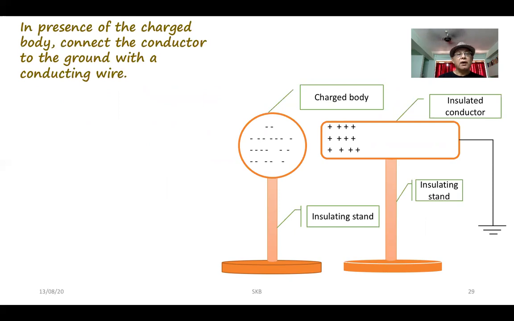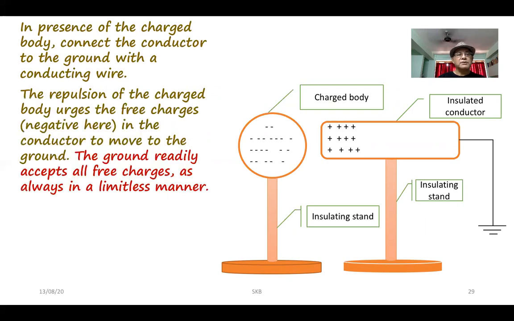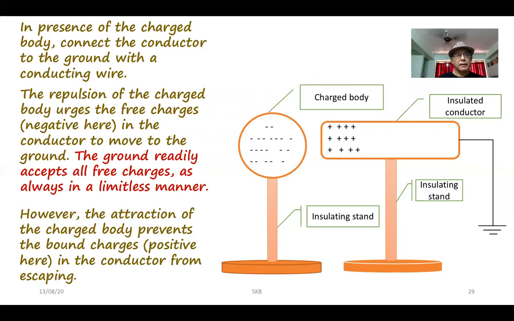In presence of the charged body, connect the conductor to the ground with a conducting wire. The repulsion of the charged body urges the free charges, negative here, in the conductor to move to the ground. The ground readily accepts all free charges, as always, in a limitless manner. However, the attraction of the charged body prevents the bound charges, positive here, in the conductor from escaping.